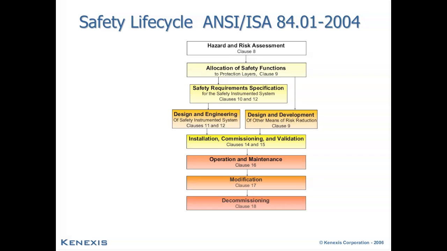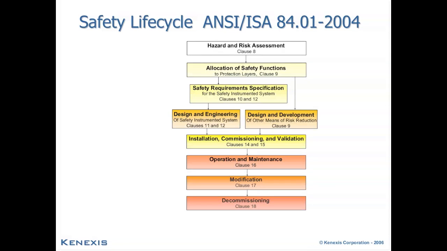Then providing a safety requirement specification that can be used during detailed engineering and design ensures we've met the requirements of the standard, in a way that will achieve the SIL that we've selected for each of those safety functions.